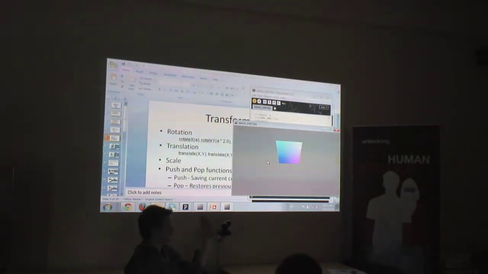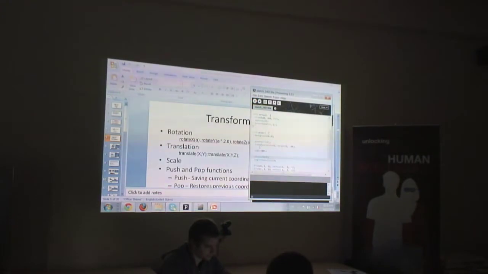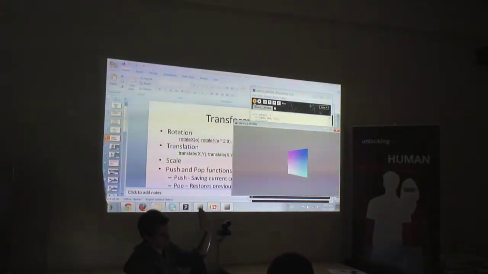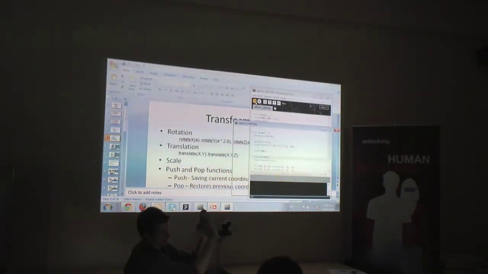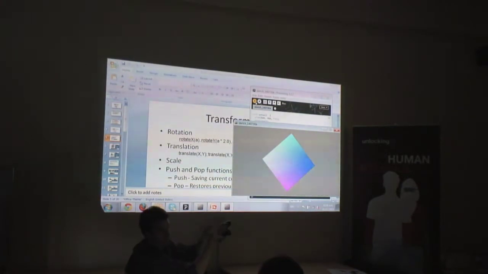So it's essentially rotating it around that way relative to us. RotateY will rotate it around the y-axis of the screen, which by default runs from the top to the bottom. So x is that way, y is that way, and of course that means that z will rotate it into the screen, so that's going to rotate it around that way.